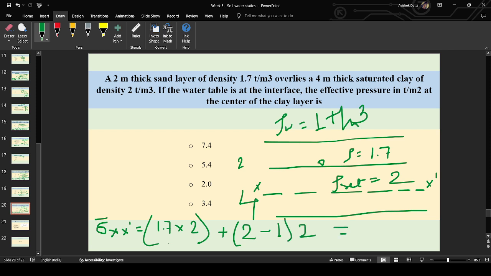So here we have 3.4 plus 2, which is 5.4 ton per meter square. So it is 5.4, second option. Good.